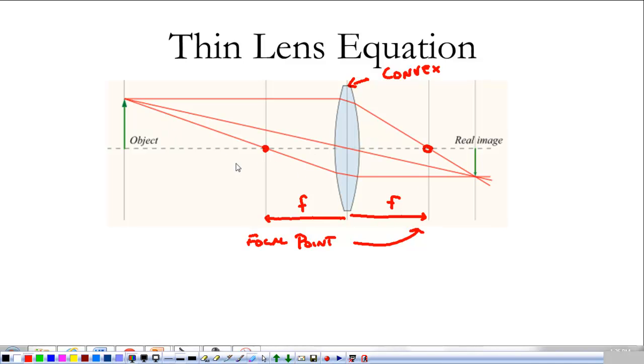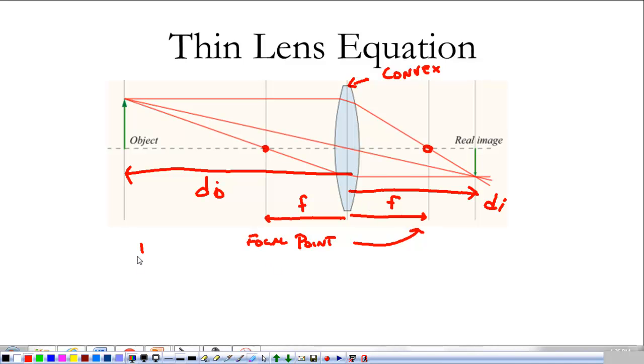Okay. Now, the other distances we have to worry about are this one, that's my object distance, we'll call it do, and this one, my image distance, we'll call di. So the relationship between all of these things is fairly simple.